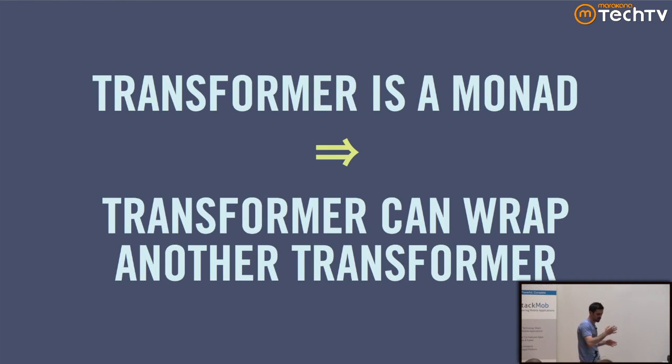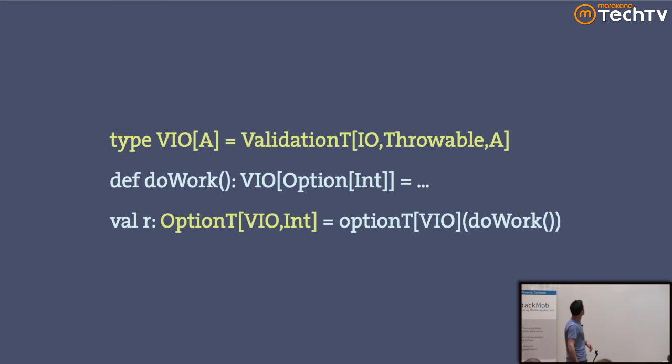So we can keep going n levels deep, and it doesn't matter how deep we go. So, again, a quick contrived example. We have this ValidationT. So we have an IO[Validation[Throwable, A]]. We've wrapped that in a ValidationT. We've boxed it. And then we have this function doWork, which I don't know why I left the parentheses on. That's not good. Anyways, that returns one of those.